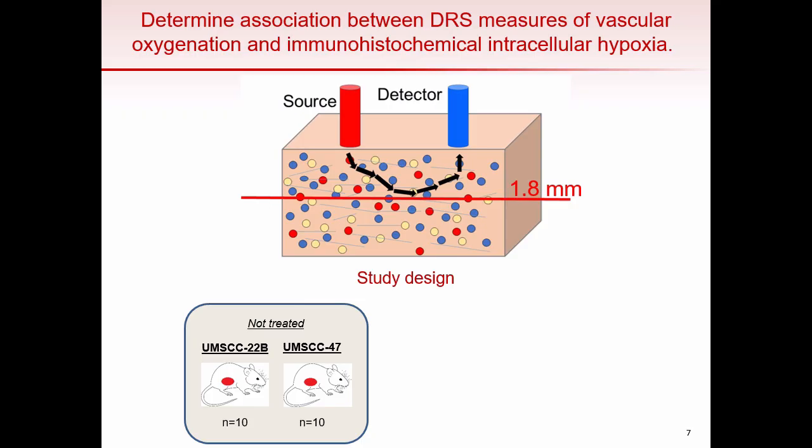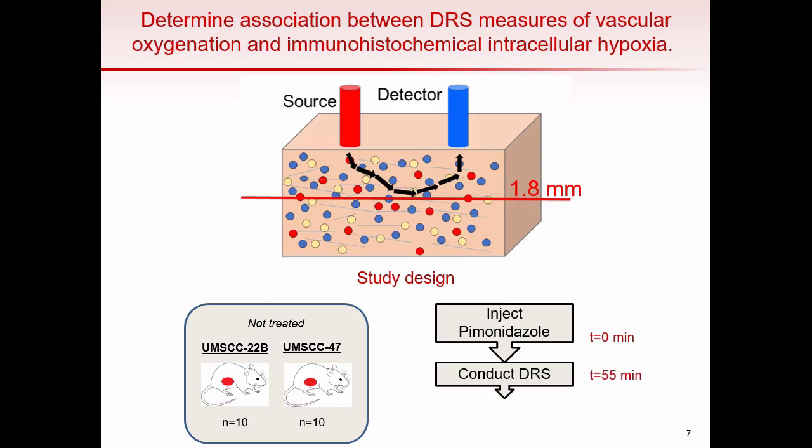They didn't receive any treatment whatsoever. We allowed them to grow until they hit a volume of 1,500 cubic millimeters, and then we injected pimonidazole intraperitoneally. After 55 minutes, we conducted diffuse reflectance spectroscopy. And immediately after that, we excised the tumor, snap froze it, and saved it for immunohistochemistry.